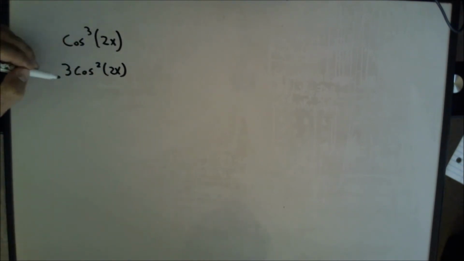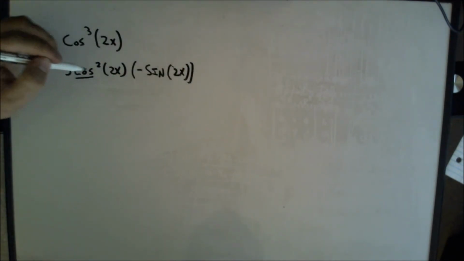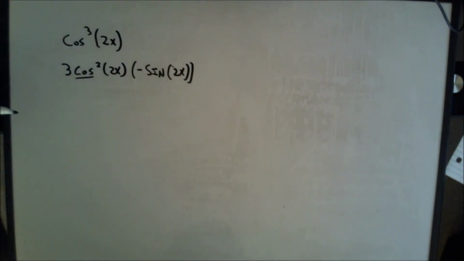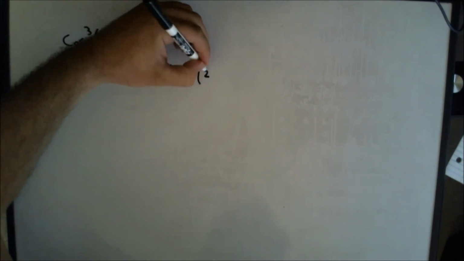Since I've handled this power, now all I'm going to care about is this cosine, and I'm going to say, what's the derivative of this cosine? Times negative sine of 2x. And then I've covered the trig function, so now I'm going to cover the function on the inside of the parentheses. The derivative of 2x is just 2.